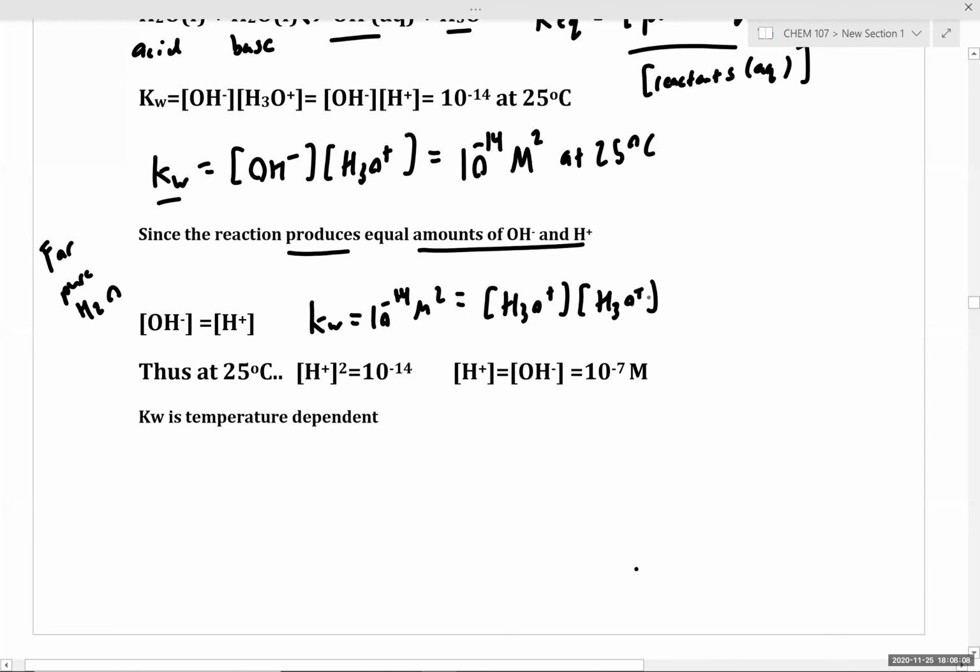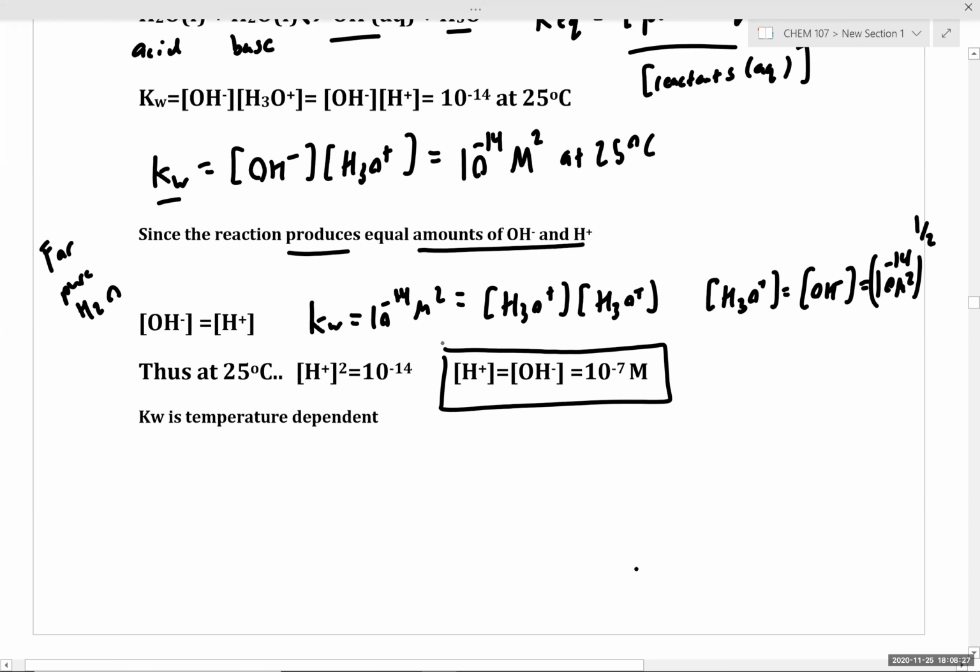And in turn, we get the concentration of hydronium, which is equal to the concentration of hydroxide, is equal to 10 to the negative 14th to the 1/2. And that in turn gives us a concentration of hydroxide and hydronium for pure water at 25 degrees Celsius of 10 to the negative 7th molar. This is for pure water.